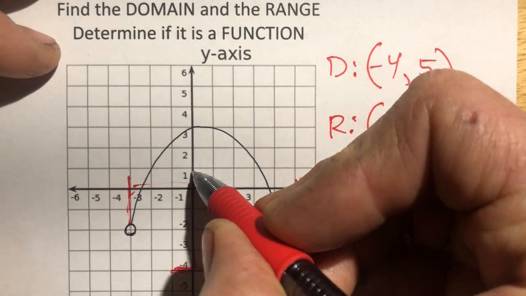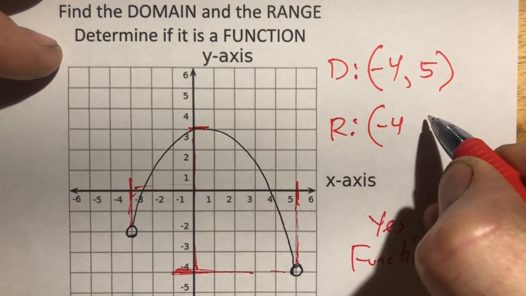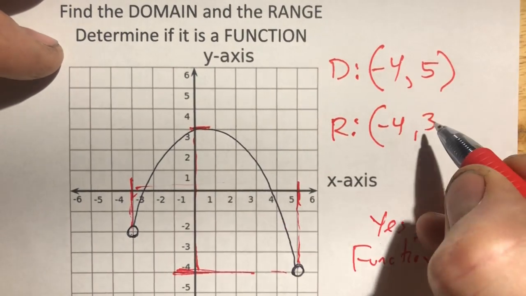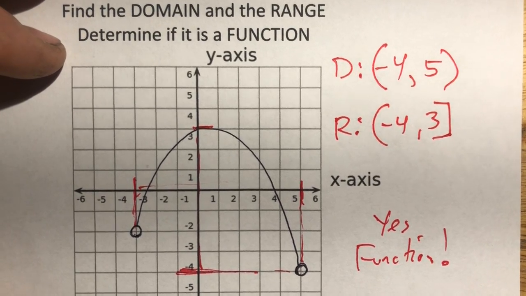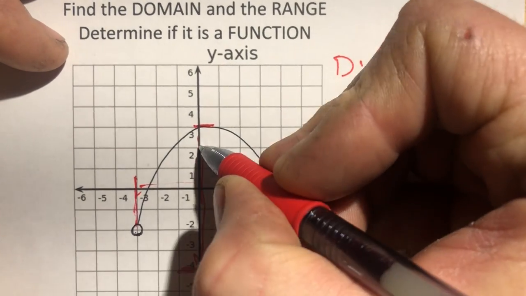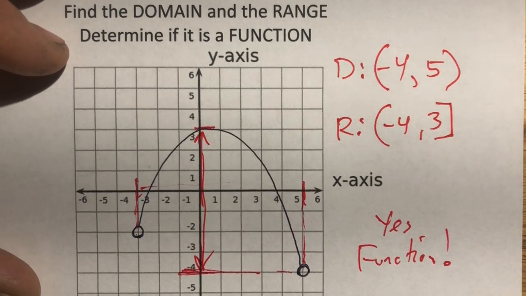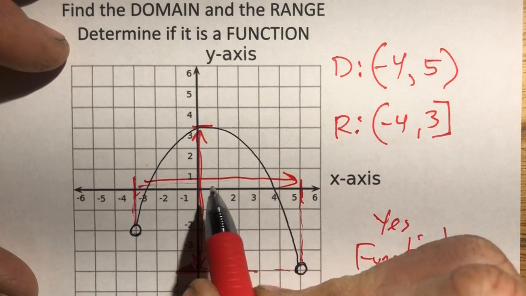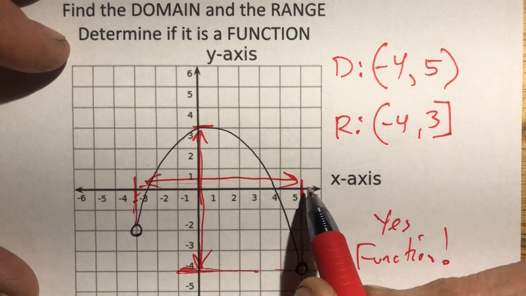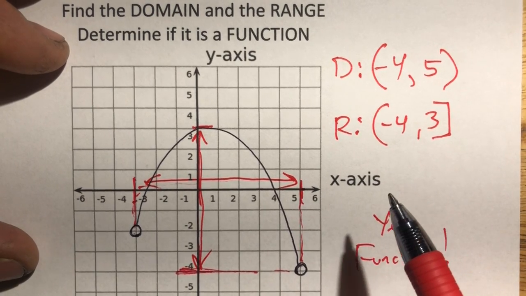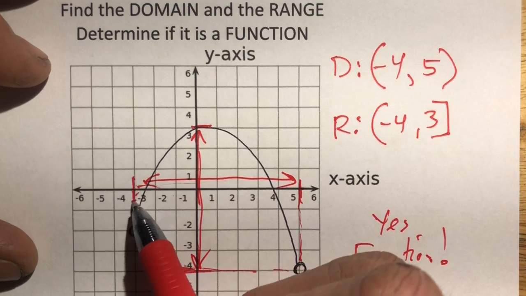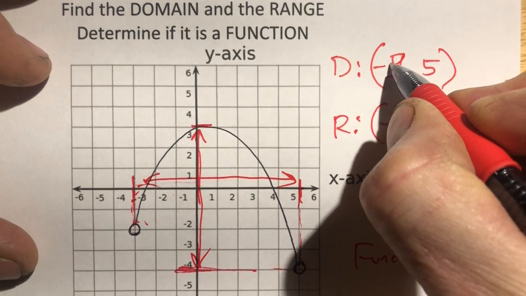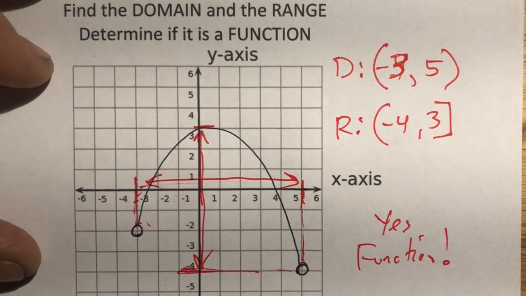The furthest up it goes is all the way up here at 3, and it looks like it's hitting 3, so I'm going to consider it included, I put a bracket. So the furthest down it goes is -4, the furthest up is 3. For the domain, the furthest to the left is -3, the furthest to the right is 5. Oh, wait a minute. I put -4. I think it's -3 I put on the domain there. I'm sorry, I messed that up a while ago.